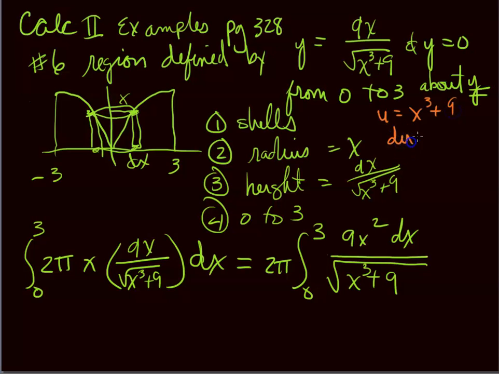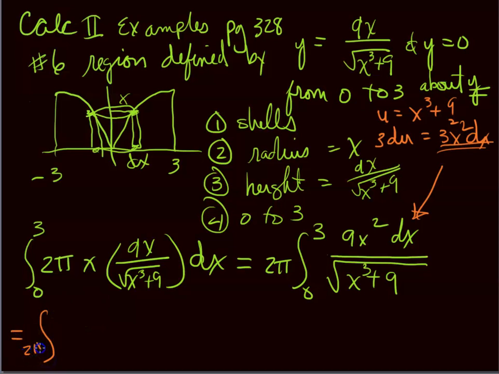The derivative of u is 3x squared dx. Well, we don't have the 3, we've got a 9x squared, so we're going to multiply both sides by 3. So now we've got what to replace this with up here. And this is just u, the square root. So now we have this new integral.